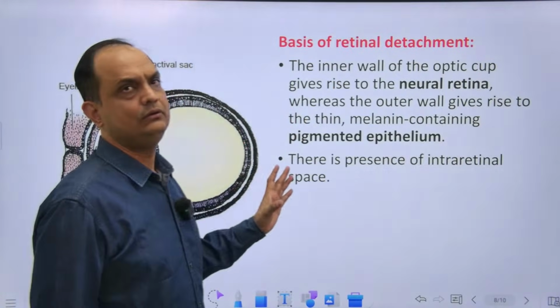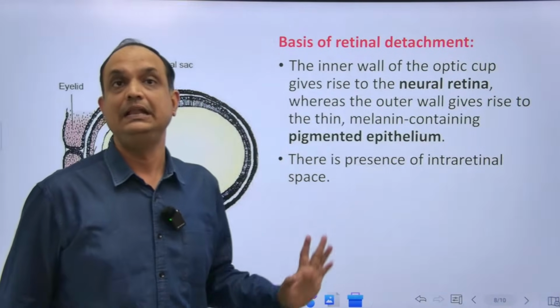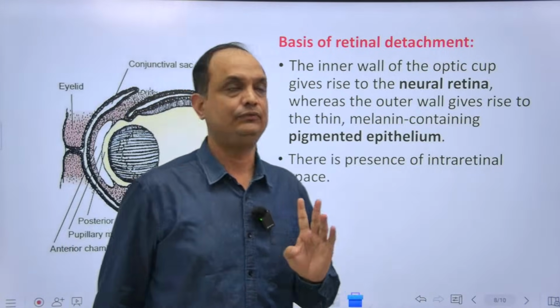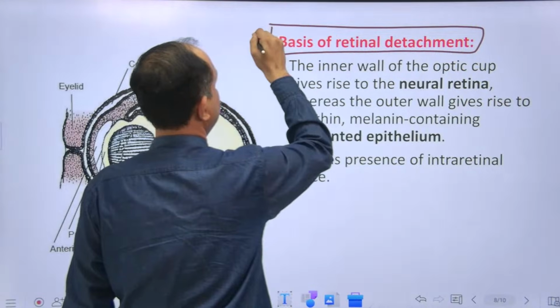So now, what type of questions will you have from this lecture? There are two basic questions which may be asked in your exam. First, what is the basis of retinal detachment?